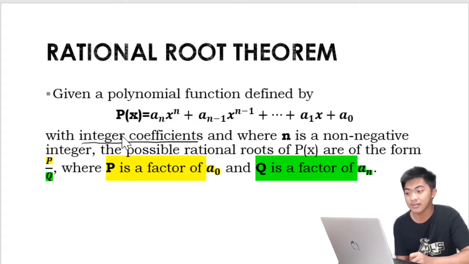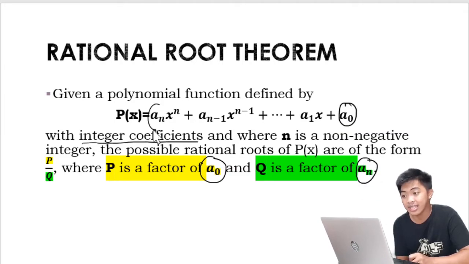Dapat integers. And where n is a non-negative integer, the possible rational roots of that polynomial are of the form p over q, where p is a factor of a sub 0, and a sub 0 here is the constant term, and q is a factor of a sub n. At yung a sub n natin ay yung leading coefficient.